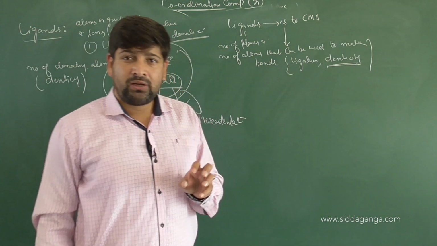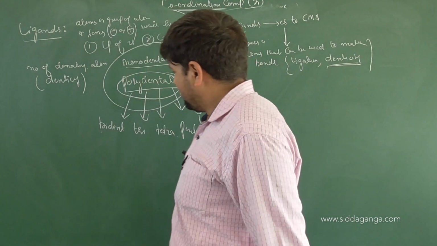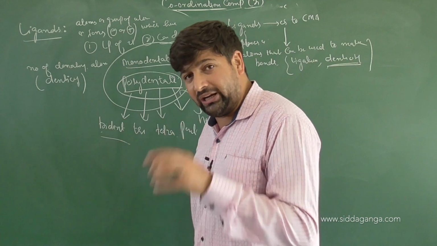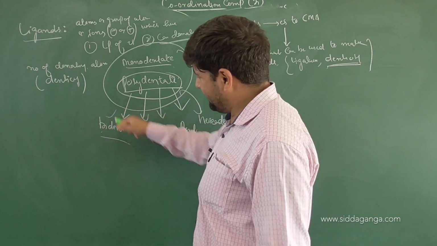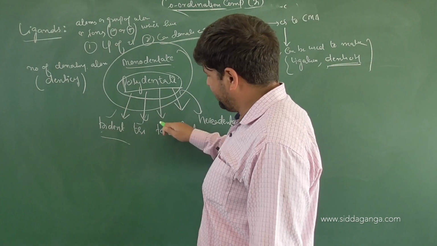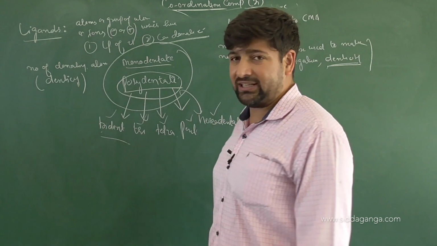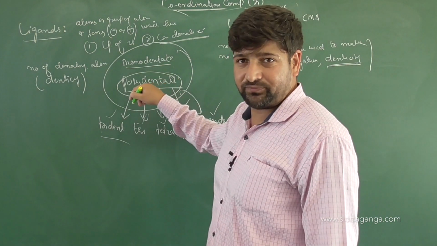In which the number of ligating atoms is more than one. If the number of ligating atoms is 2 and both are donating the electrons, both are making the bonds at the same time, then it is bidentate. If 3 are able to do it, tridentate, 4 tetradentate, 5 pentadentate, 6 hexadentate. Am I clear? So this classification is on the basis of denticity.